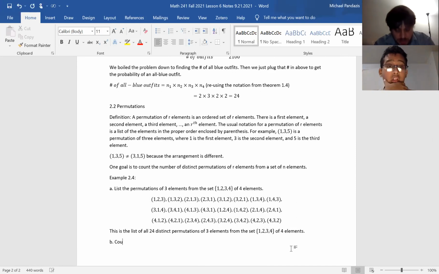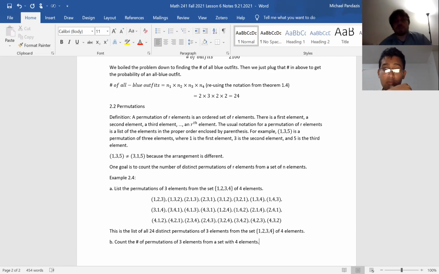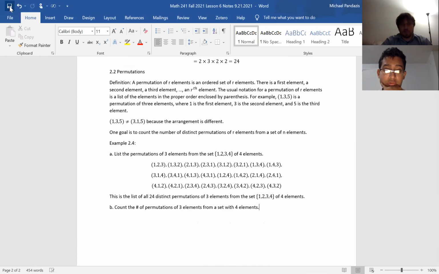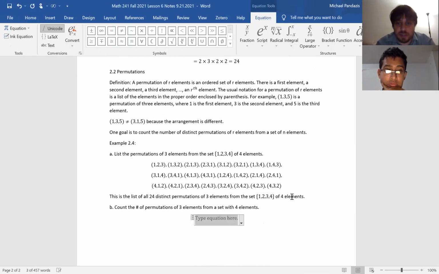So part B is count the number of permutations of 3 elements from a set with 4 elements. Okay, I mean, we already have the answer 24 because of this list, but if we didn't want to list all 24, there's a way to calculate it without making that full list.